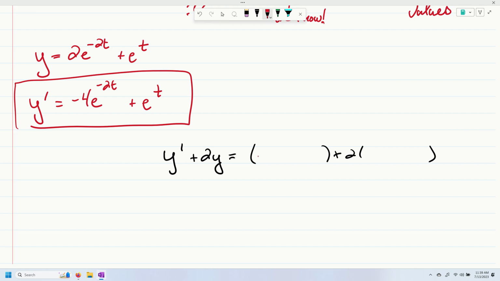Y prime is going to be negative 4e to the negative 2t plus e to the t, plus 2 times the quantity of y, which was 2e to the negative 2t plus e to the t.